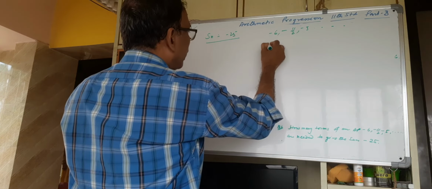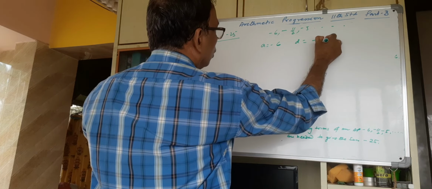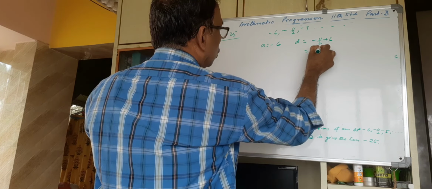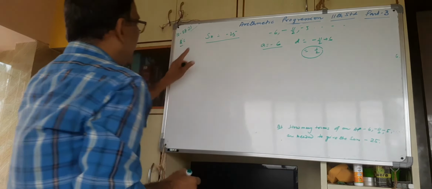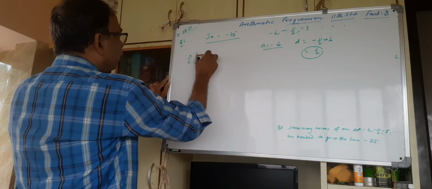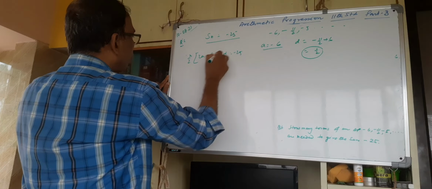Here the first term a is minus 6. The common difference d is minus 11 by 2 plus 6, that is half. The common difference is half. Using the sum formula, n by 2 into (2a plus (n minus 1) into d) equals minus 25.